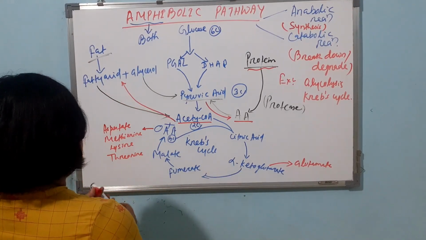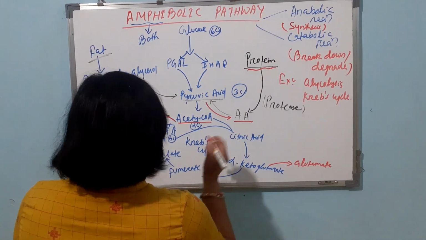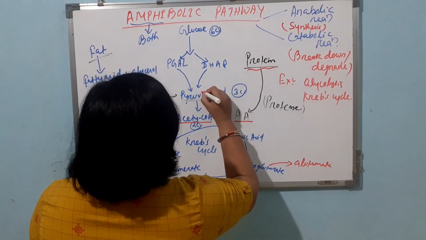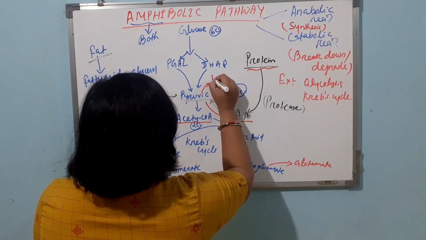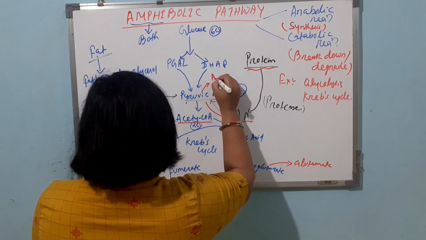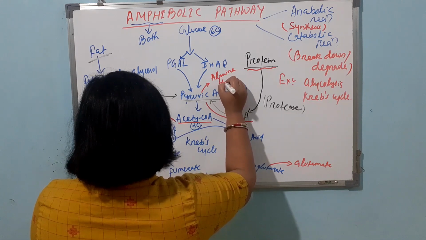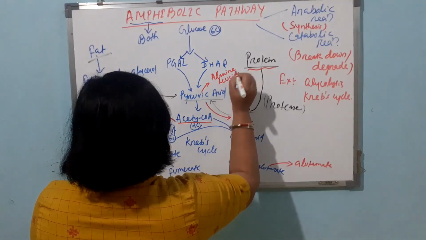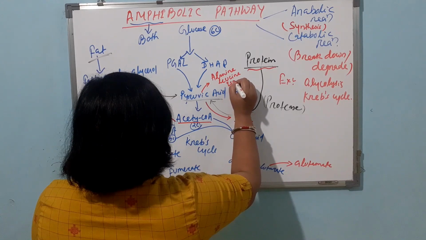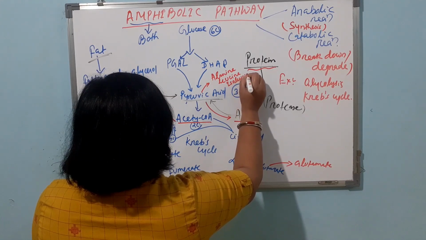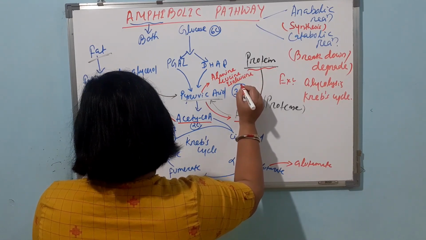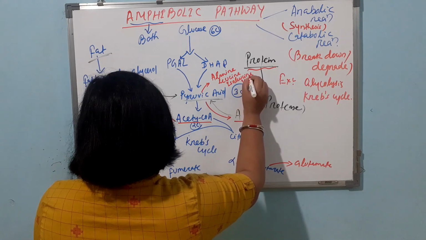This pyruvic acid forms, here I am writing, alanine, leucine, isoleucine, valine.